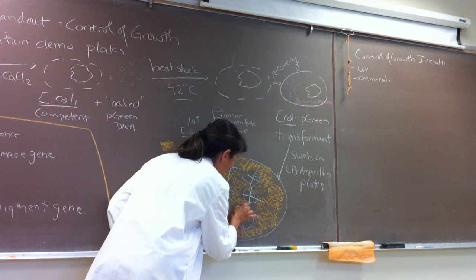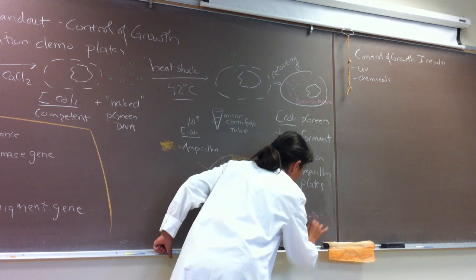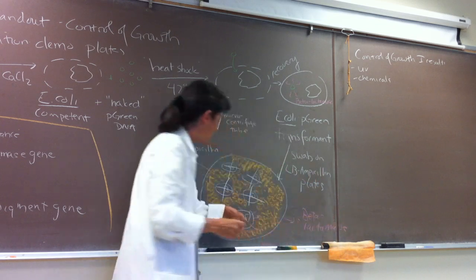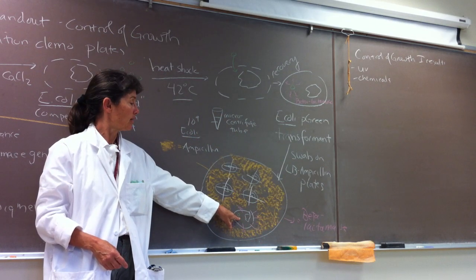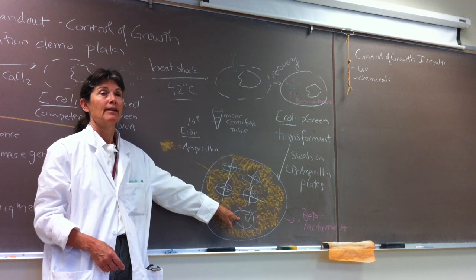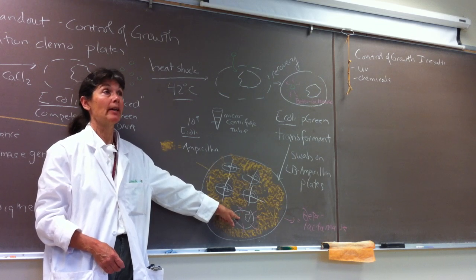Okay, so the arrows represent beta-lactamase. And what is the beta-lactamase doing to the ampicillin in the agar near that transformant? Hydrolyzing it. Destroying it. Yeah.